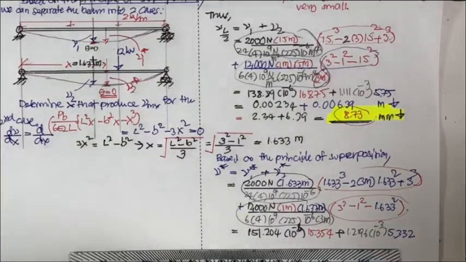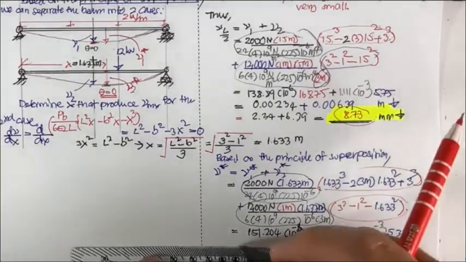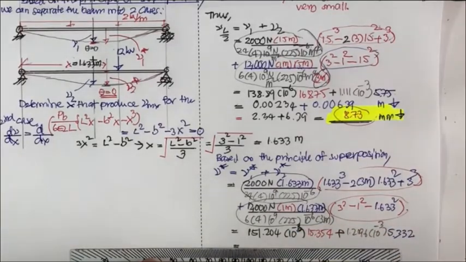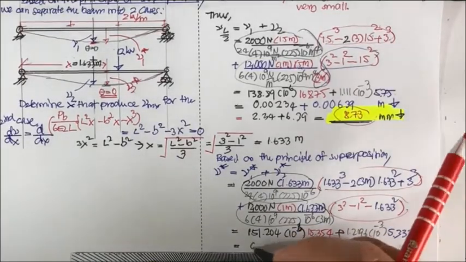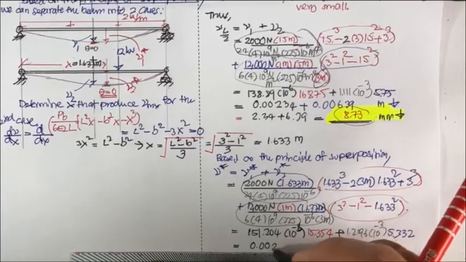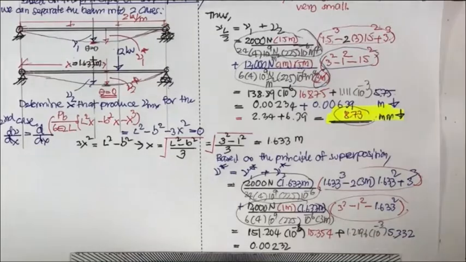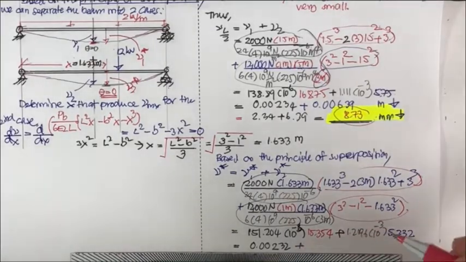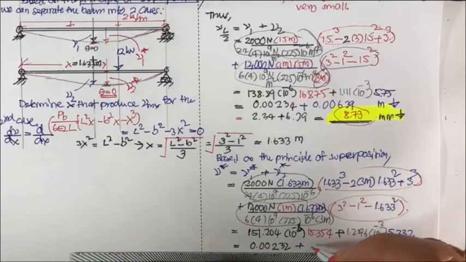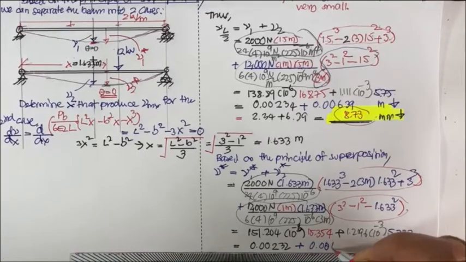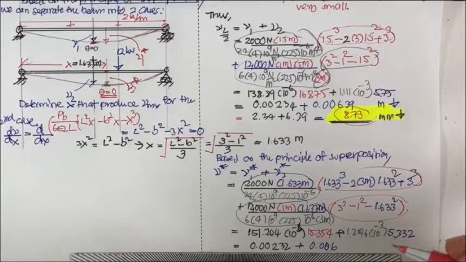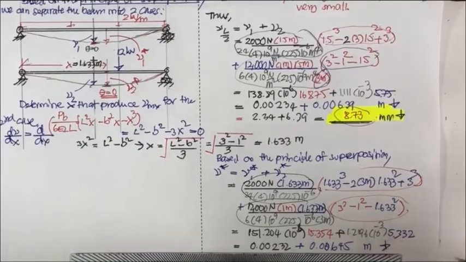Okay, and then you get the result of this is equal to 0.00232, and the other one you got, for the point load, is going to be 0.0000645 meter, and it's downward.